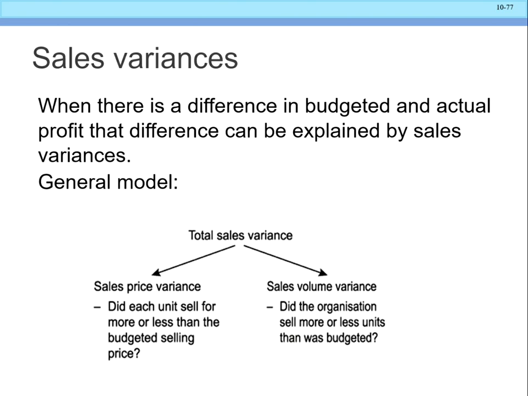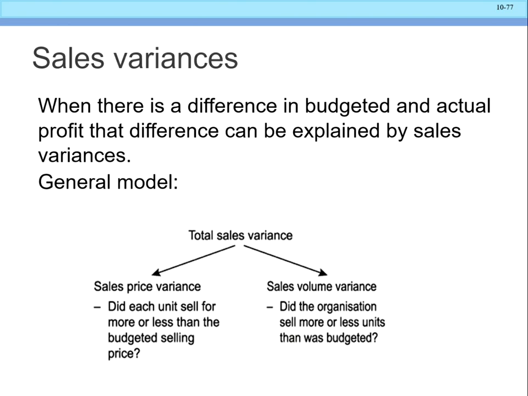Then sales variances. Again, we look at them from the two-model perspective. We have the sales price variance and the sales volume variance. What we are interested in is finding out whether the selling price that we anticipated was the same as the one that we actually sold at, and if they are different, what is the implication on our profit.